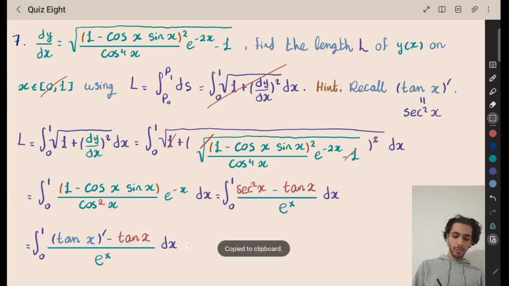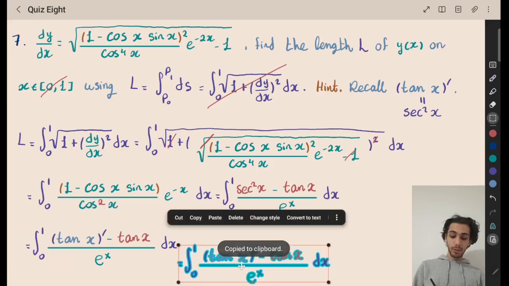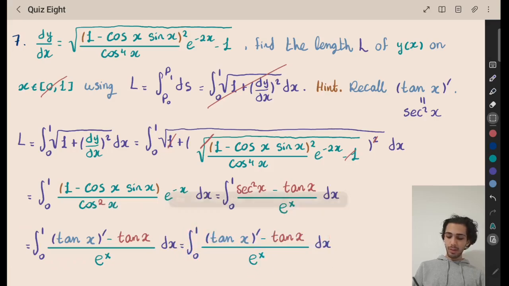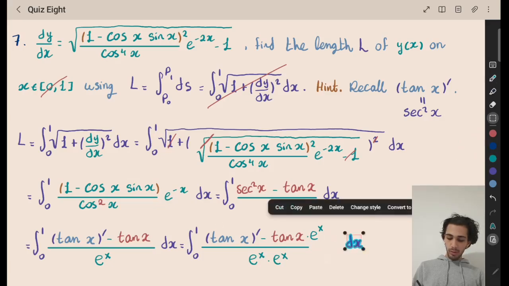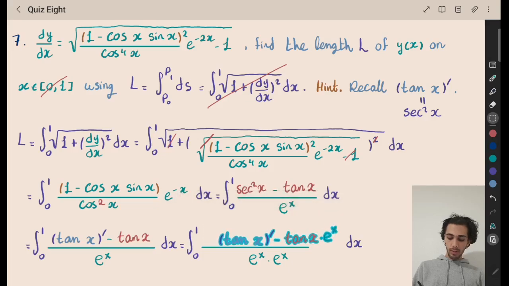It's a bit tricky to see. But if you multiply by e to the x in the denominator and e to the x in the numerator, you multiply this by e to the x.